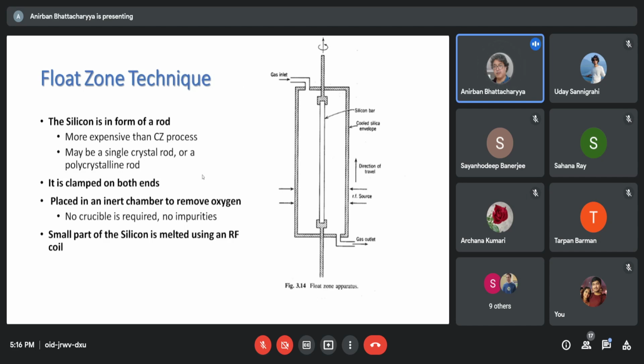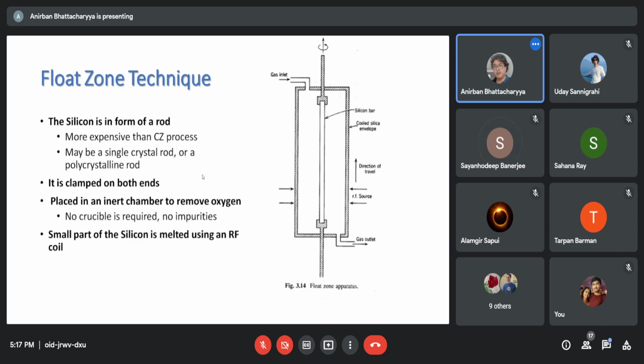Okay, so can you see the picture now? This is the second process, which is not the Czochralski, it's called the float zone technique. Can you see the silicon bar? This is the solid silicon bar where there's a lot of impurity, oxygen, carbon, etc. And it is held, can you see, clamped from the top and the bottom.